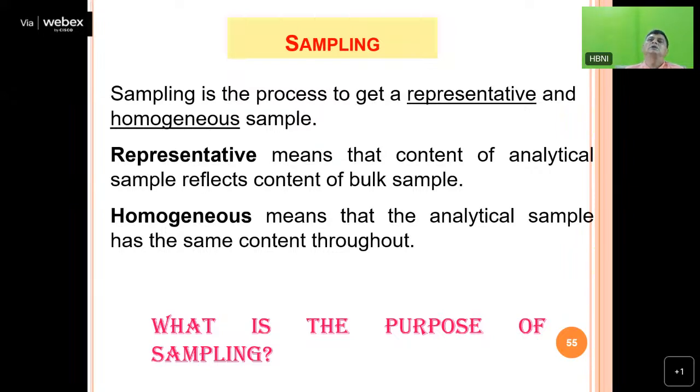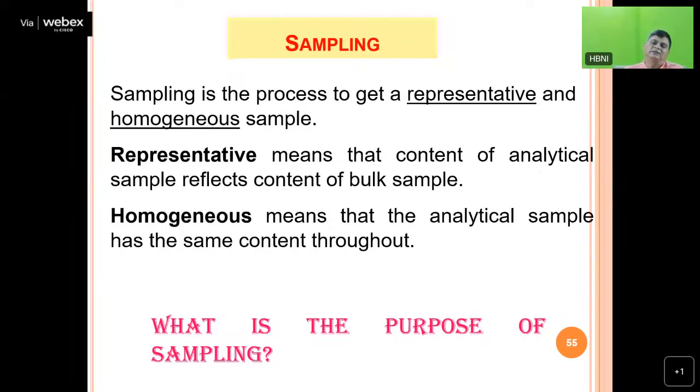Representative samples means you make a grid of this 100 square kilometers of area. Suppose you have created some 1,000 grids, okay? In the 1,000 grids, you will collect the samples. But you cannot do the analysis of 1,000 samples. So you will bring them into the laboratory, mix them thoroughly, okay, and make it 100 samples.